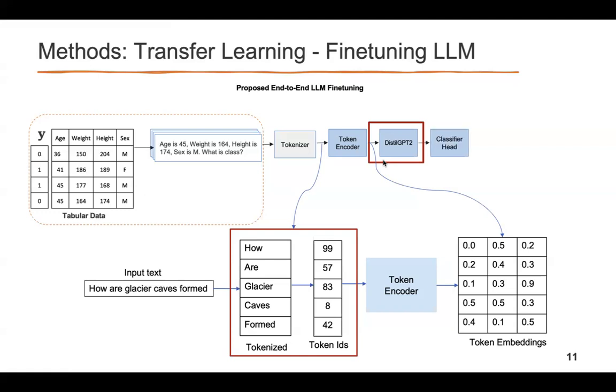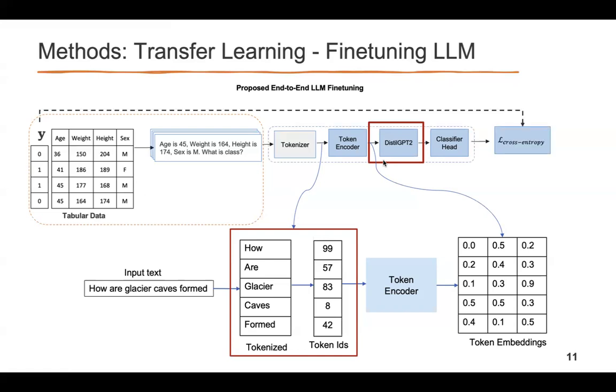Once we get the corresponding embedding output from the distill GPT-2, we pass it to a classifier head, which is also part of this training, so that this classifier head can backpropagate based on the prediction of the distill GPT model and the actual ground truths. By doing this backpropagation, we optimize the distill GPT to learn the embeddings of the tabular data, to perform the transfer of knowledge from text model to tabular model.